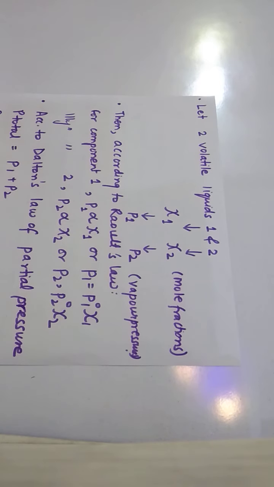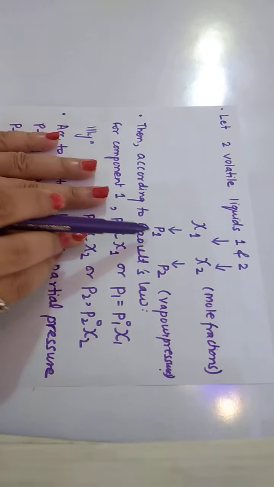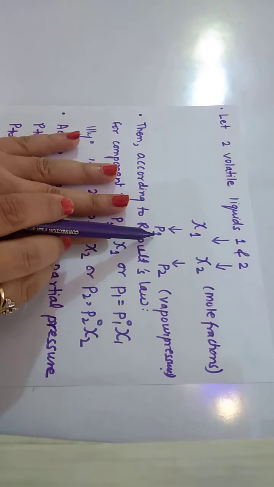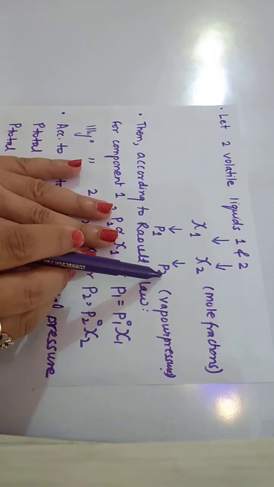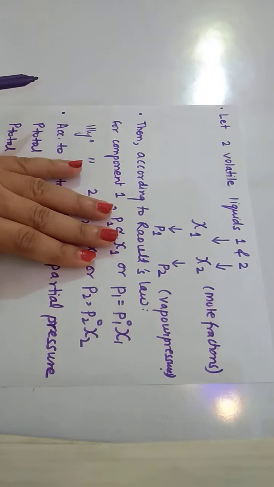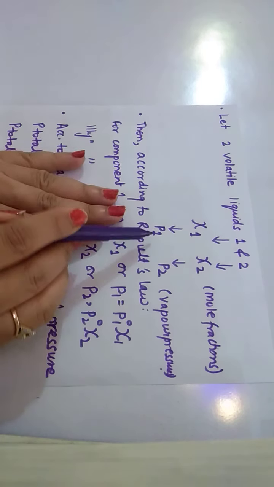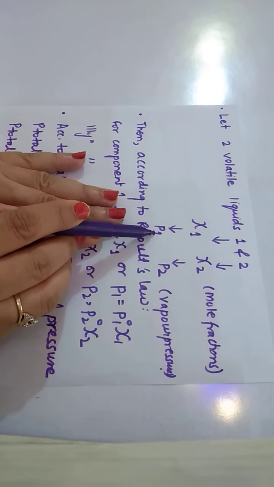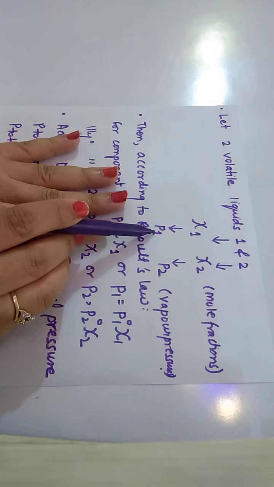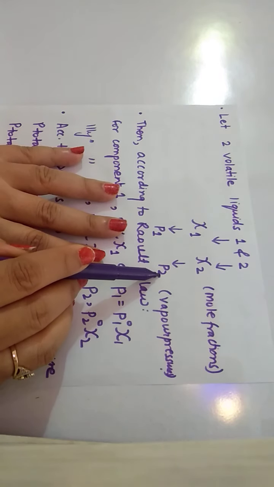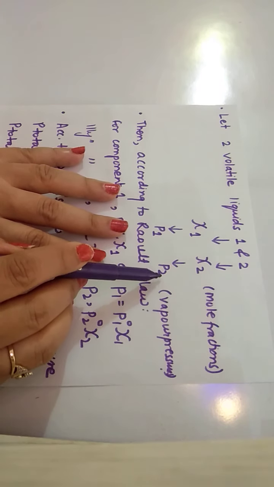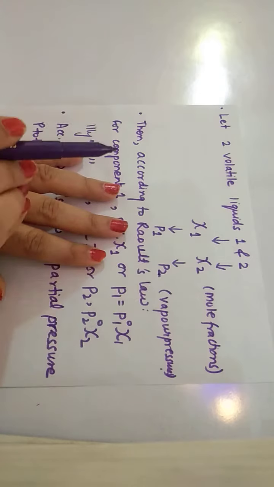Then the partial pressure of component 1 is P1 and the partial pressure of component 2 is P2. If you heat the solution, the liquid 1 will vaporize and exert a pressure P1, and liquid 2 will vaporize and exert a pressure P2.